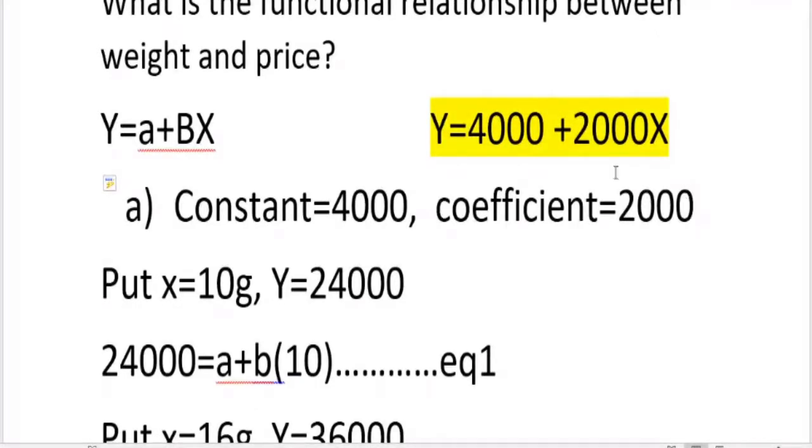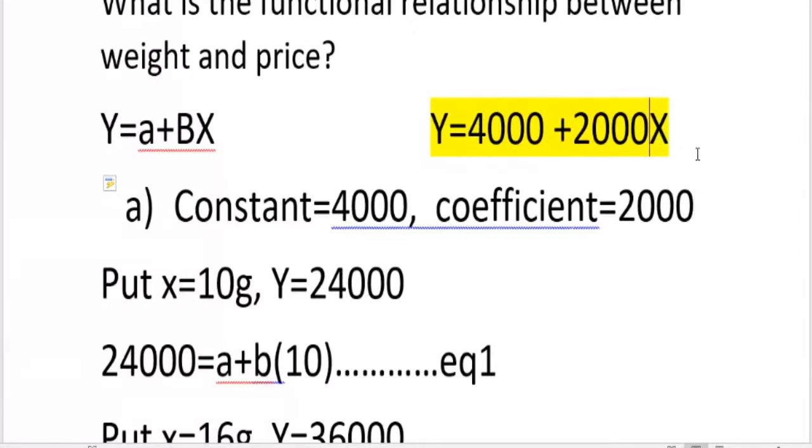In terms of the linear relationship between the price of the gold coin vis-a-vis the weight, what meaning will it give you? Sir, y is proportional to 2000 times x. No, exactly, this is not the case. It's not proportional to 2000 because in between we have 4000 also.